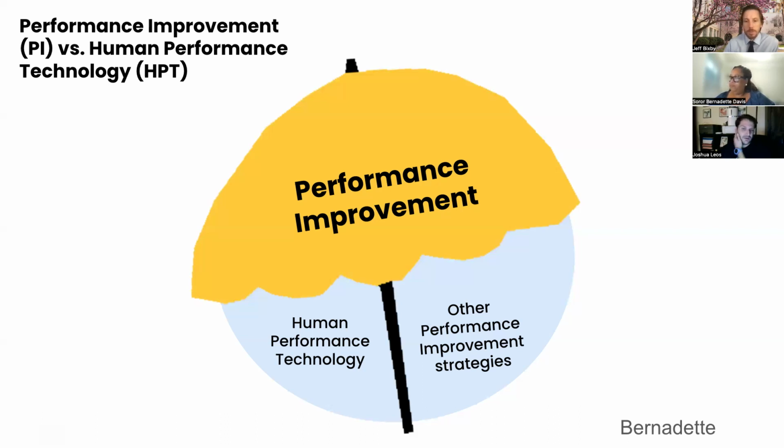I appreciate you going over this one in some more detail, because when I was doing the reading on my own, I got to that part where it said human performance technology and performance improvement are synonymous. They are the same thing. This is the means and this is the accomplishment.